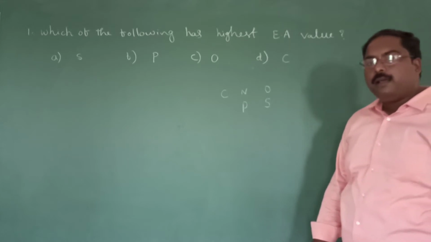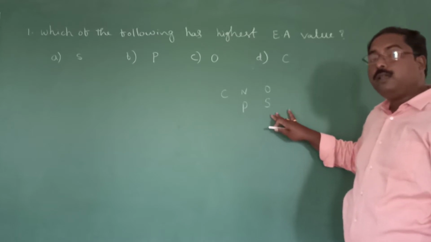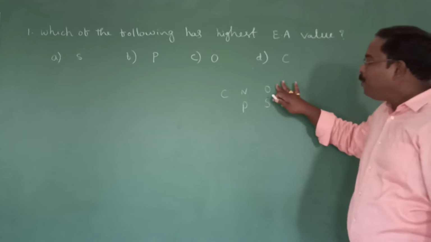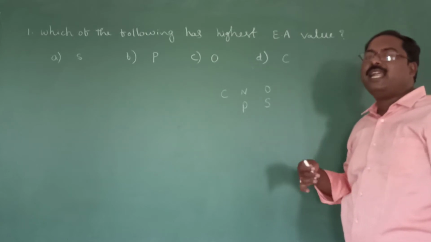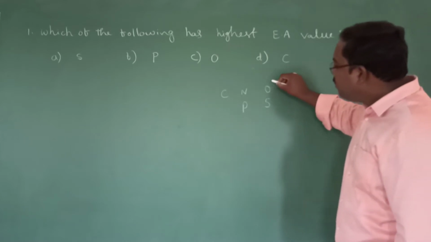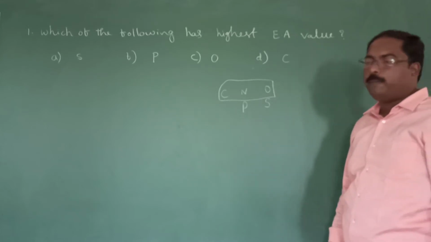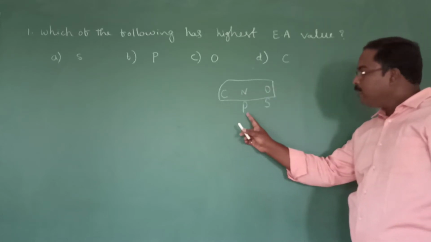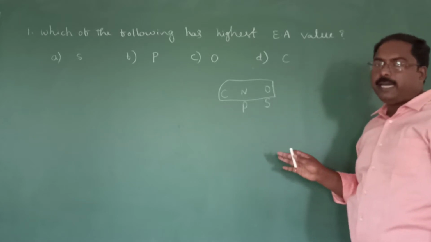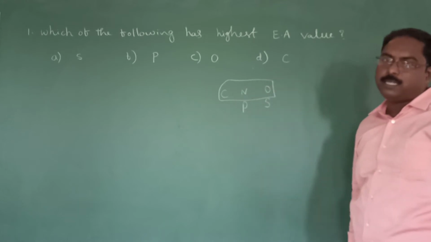But what we discussed: from top to bottom, atomic size increases, so electron affinity values decrease, right? So the highest we may expect in the case of these two, because they belong to the second period, and these two belong to the third period. So our answer is between carbon or oxygen.